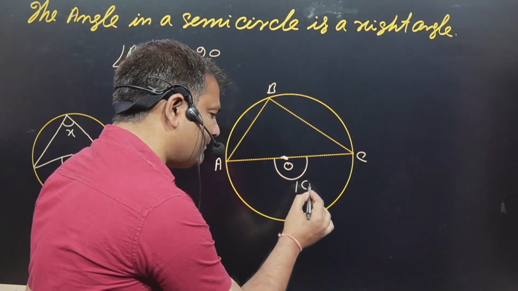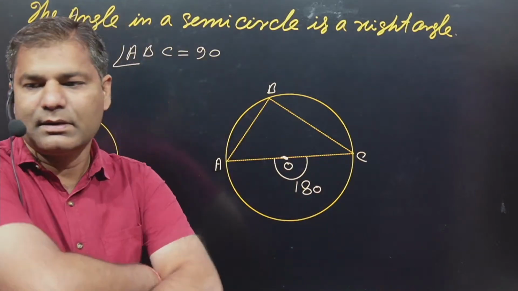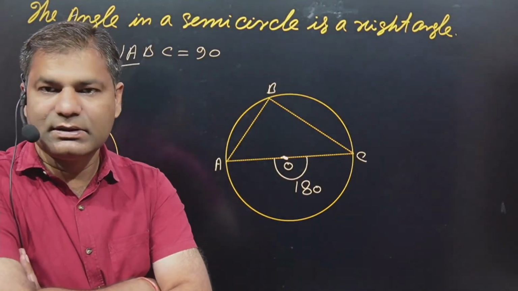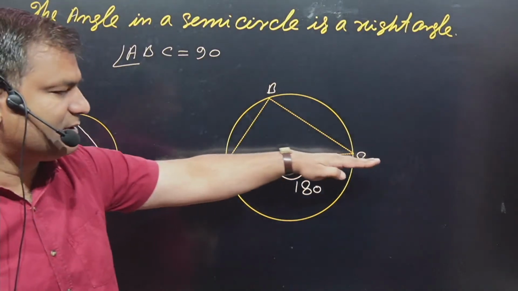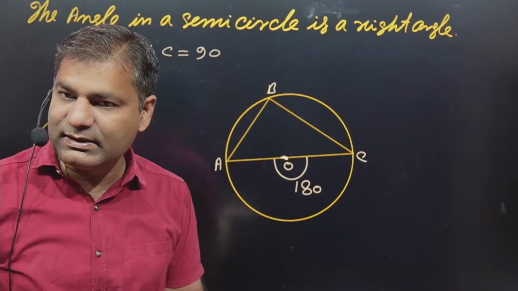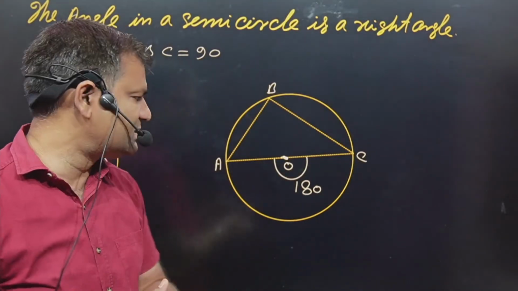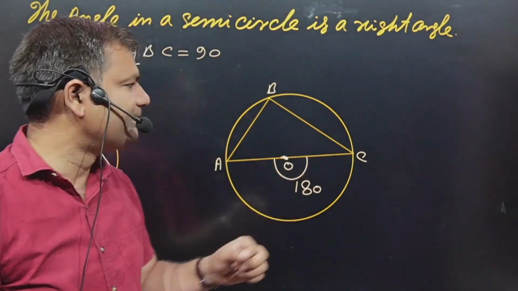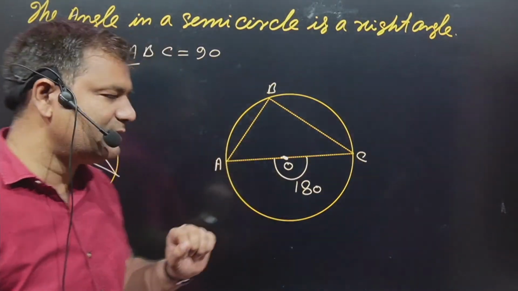First of all, what about that angle? It is always 180, because this is a diameter. If this is a diameter, it is always a straight line, so that angle is 180.